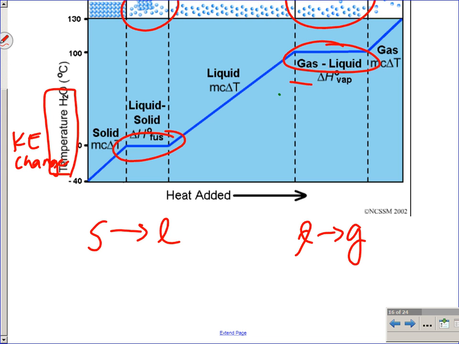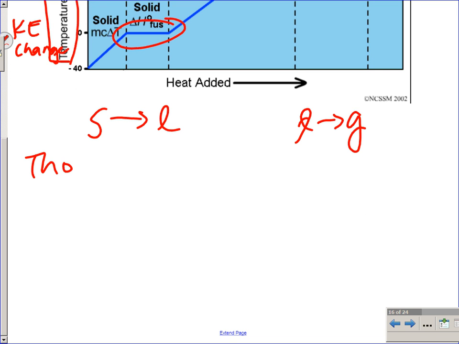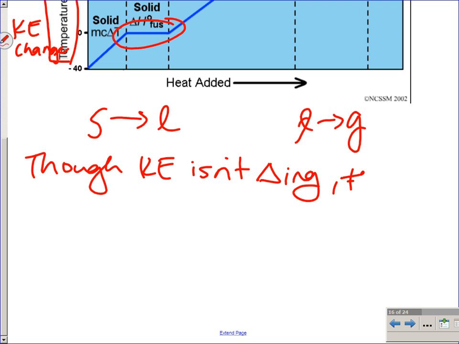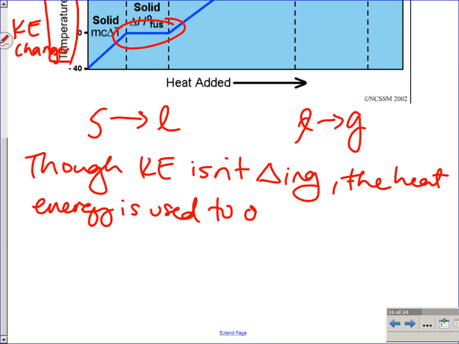Thank you. Okay, so what happens here is, you might want to write down this little explanation for yourself. Absolutely write it down, okay? Though kinetic energy isn't changing, the heat energy is used to overcome something.